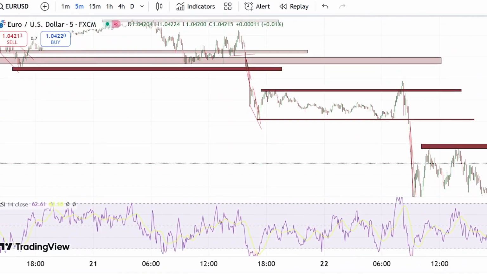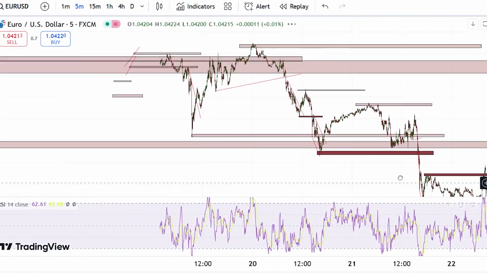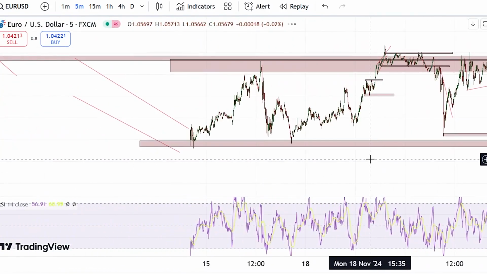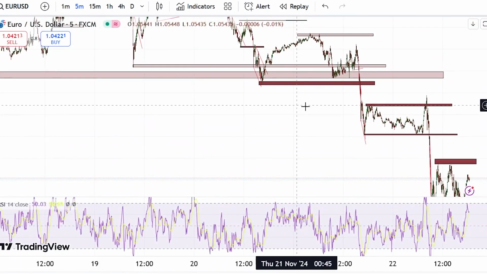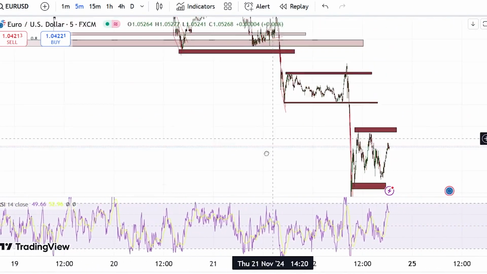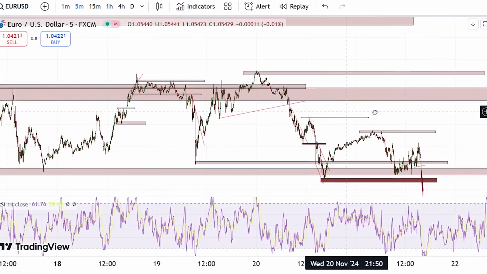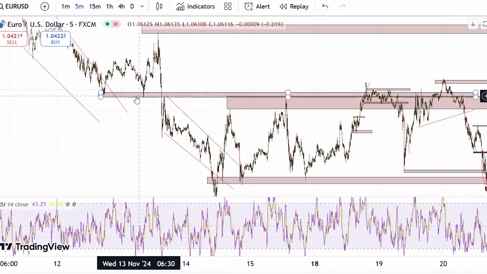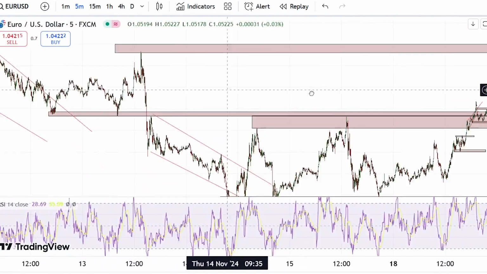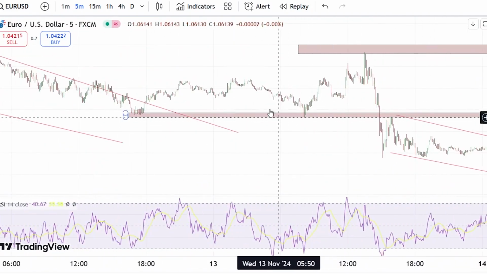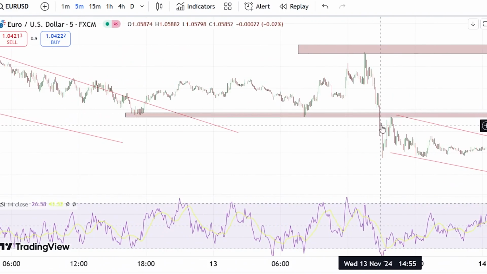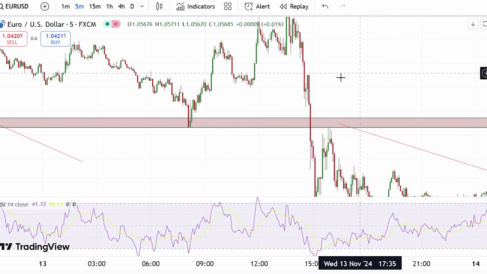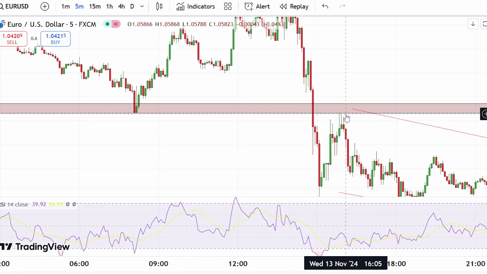Okay, so on euro USD, if I find something, here for example, you see a broken zone by a spike, and you see this support zone here is broken by a strong candle. When the price goes back to this zone, you see it's rejected. It acts as a resistance.